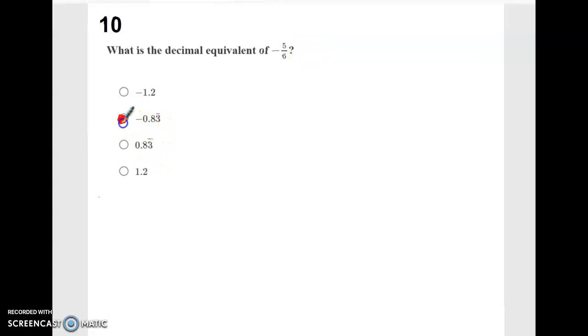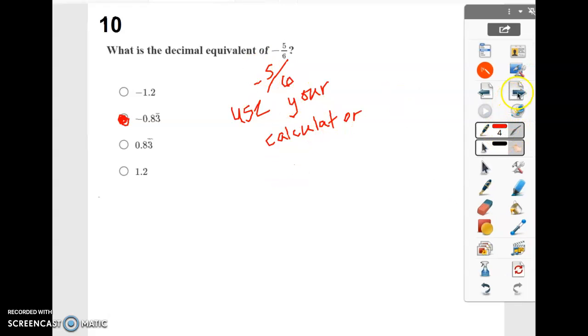So that's going to be this one right here. A simple one to use your calculator. All right, so it's just negative 5 over 6. And this is what you need to write down. Use your calculator and just divide. This is a simple problem.